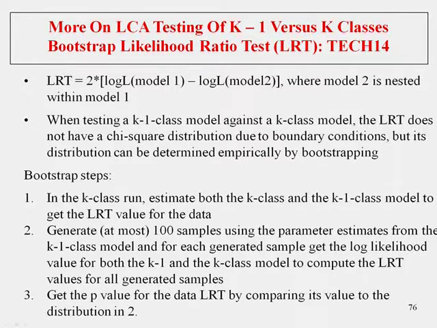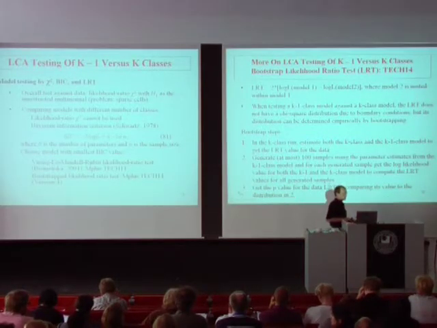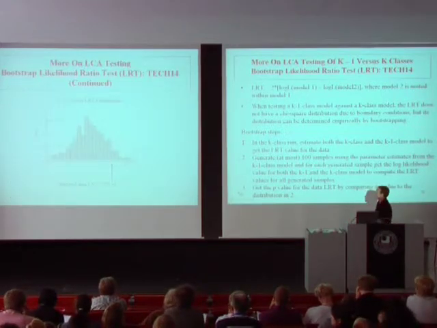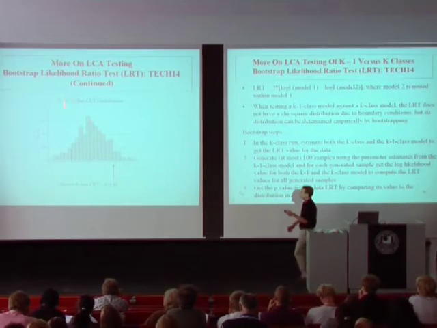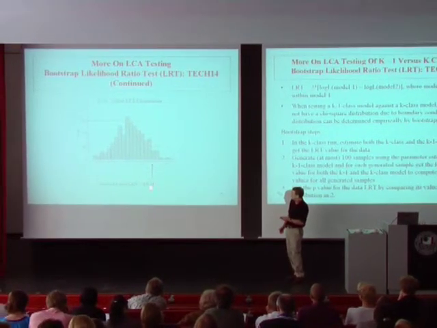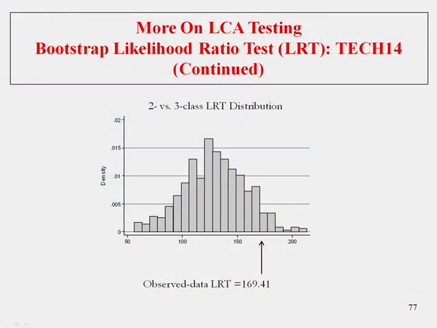Then you get a distribution of such test values, and it can look like this. This is the artificially obtained bootstrap distribution, and the observed data likelihood ratio test has a value somewhere in this.